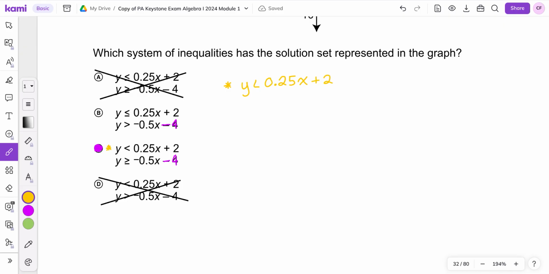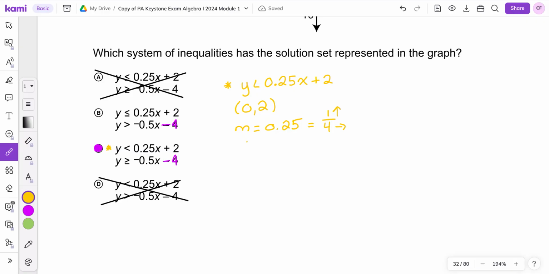So here, to graph this, I start at the y-intercept, the ordered pair (0, 2). The slope, the m, is 0.25. We do not like to work with decimal slopes, but we know that 0.25 is the same thing as 1/4. Up 1 and right 4.